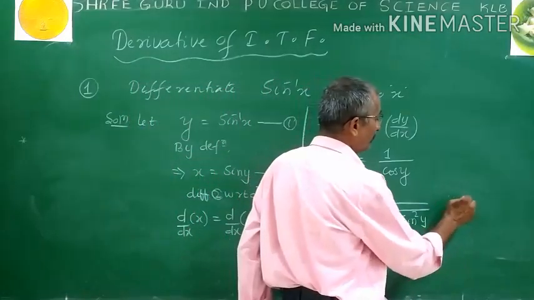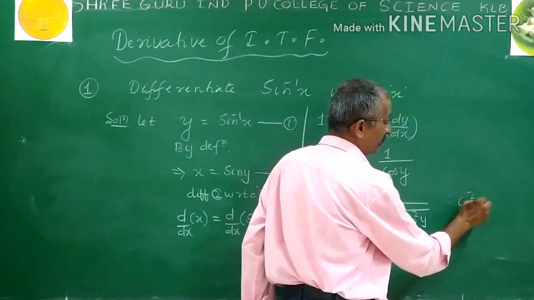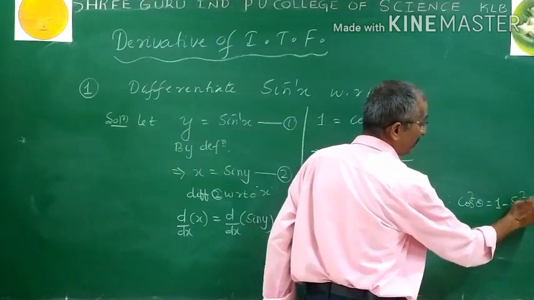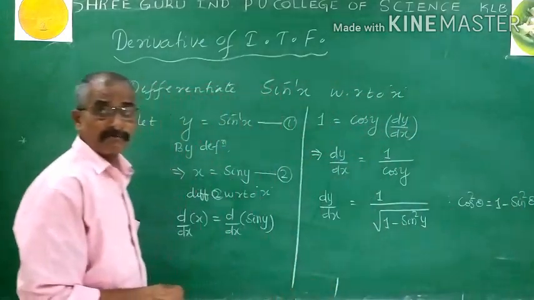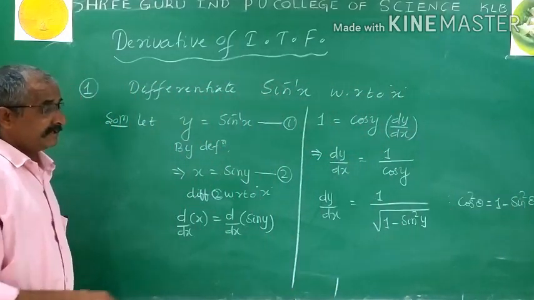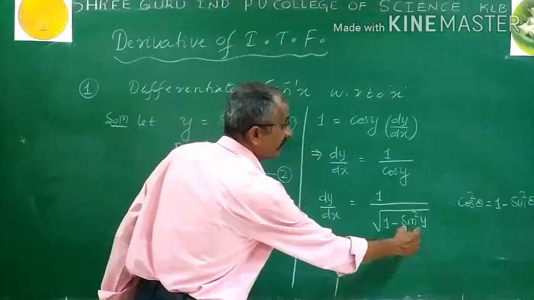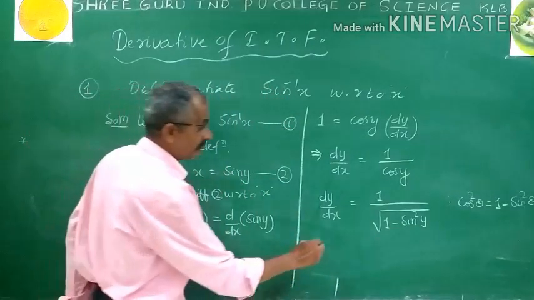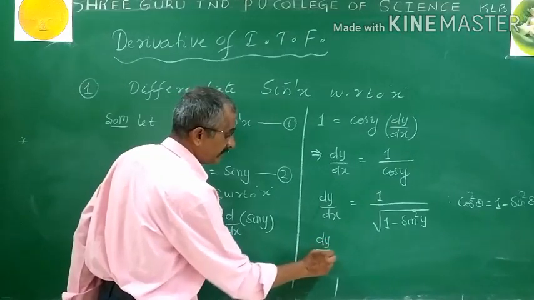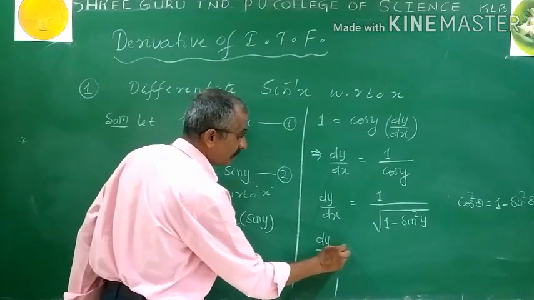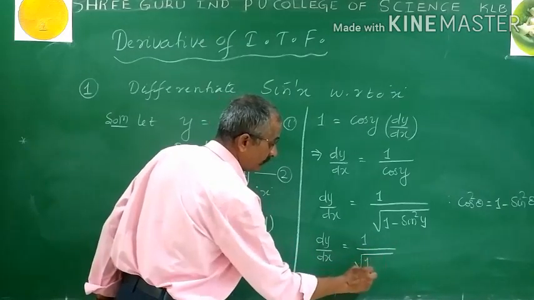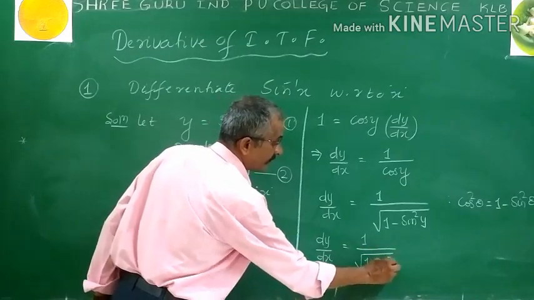What is the formula? Cos square theta is equal to 1 minus sine square theta, and thereby cos theta will become root of 1 minus sine square theta. Now let's write back the value of sin y. Sin y value is x. So now dy by dx will be equal to 1 divided by square root of 1 minus x square.